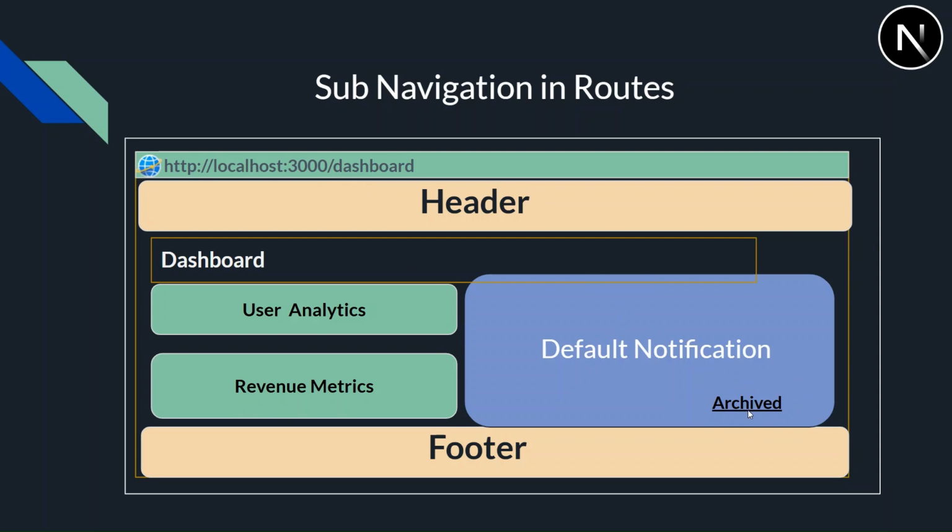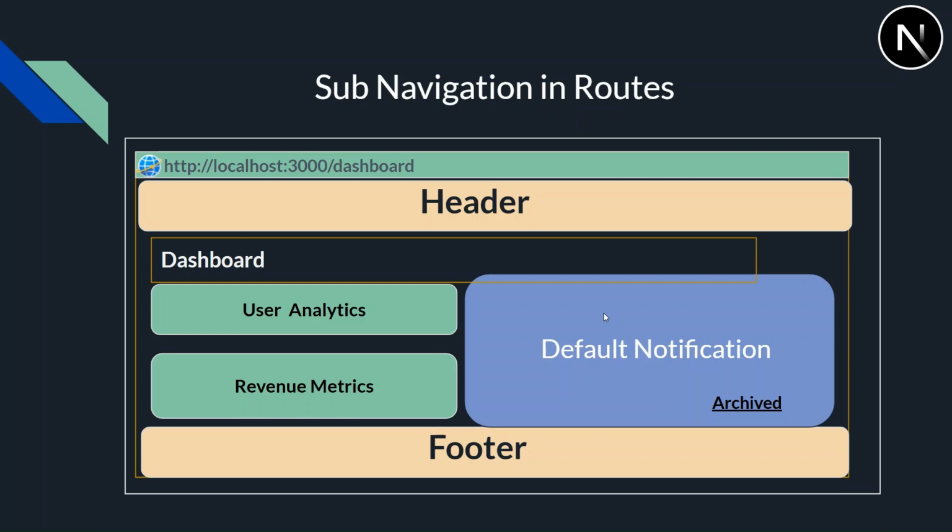When we click on the link, it will move to the other URL, which is http://localhost:3000/dashboard/archive, and the archive notification will be loaded in this particular slot. Others will remain intact, and when we click on default, it will move to the default notification. This will be done with the help of unmatched routes in a Next.js application. So let's do this particular example so that we can easily understand how the unmatched route can be treated in a Next.js application.